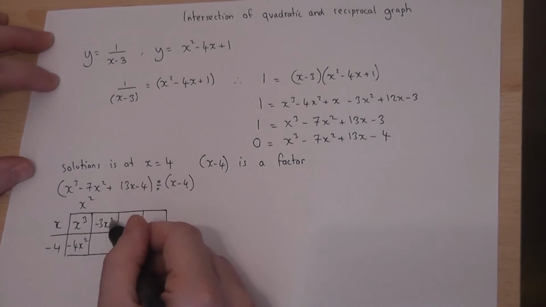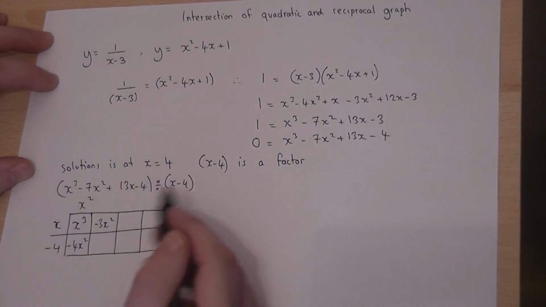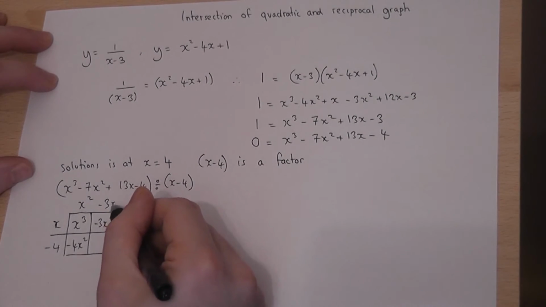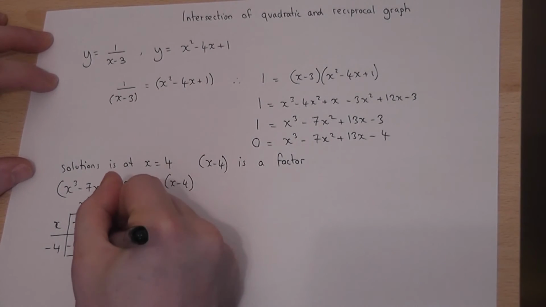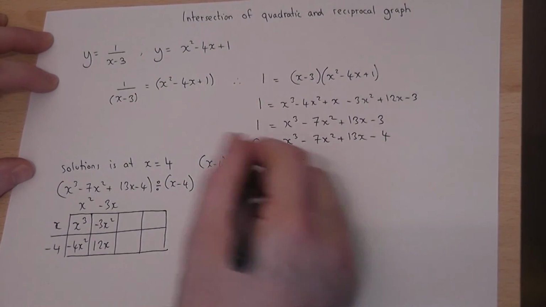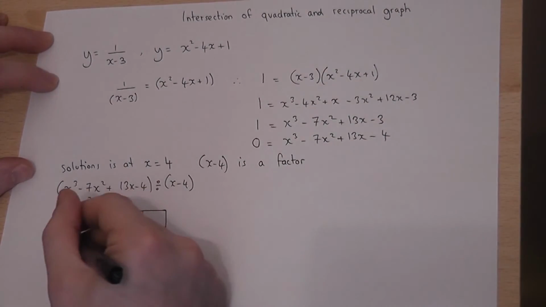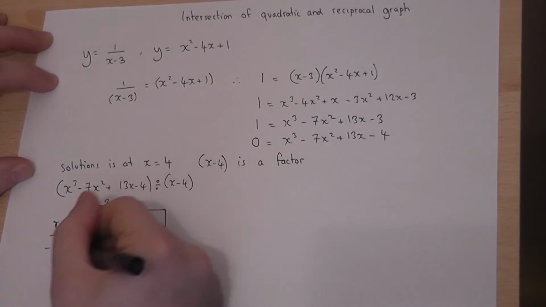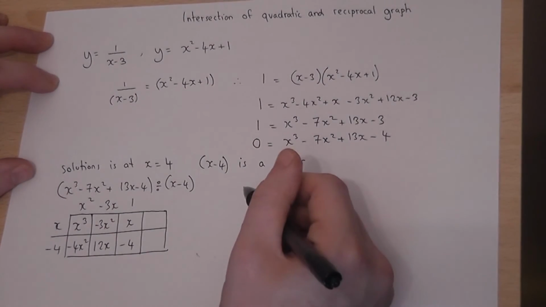These two terms combine to give minus 7x squared. I've already got an x, so I need a minus 3x. Now minus 3x times minus 4 is plus 12x. I need a 13x. I need one more x. And x times what is x? Well, x times 1. And to check this, 1 times minus 4 is indeed minus 4 as required.